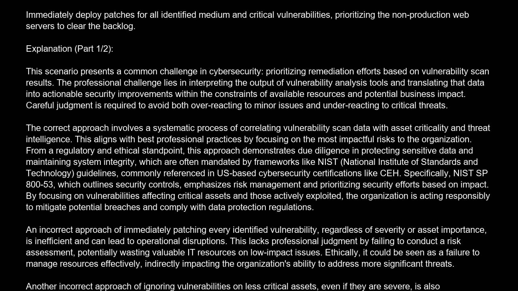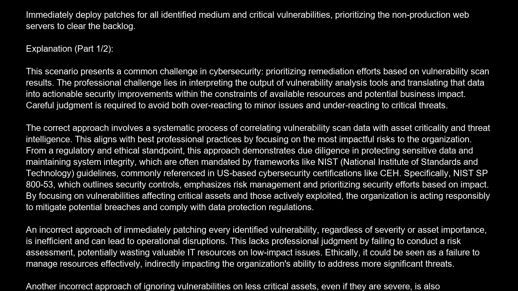From a regulatory and ethical standpoint, this approach demonstrates due diligence in protecting sensitive data and maintaining system integrity, which are often mandated by frameworks like NIST, National Institute of Standards and Technology, guidelines, commonly referenced in U.S.-based cybersecurity certifications like CEH. Specifically, NIST SP 800-53, which outlines security controls, emphasizes risk management and prioritizing security efforts based on impact.